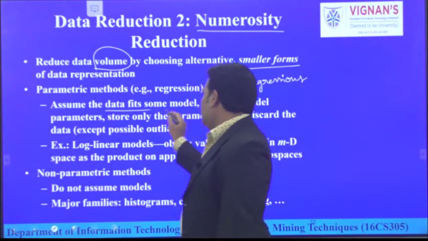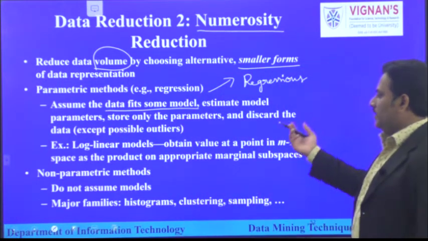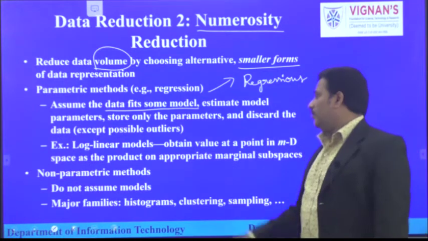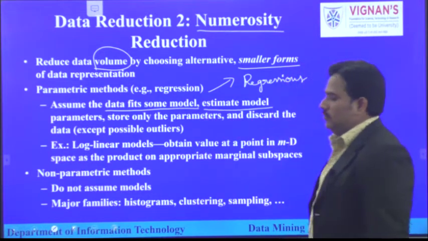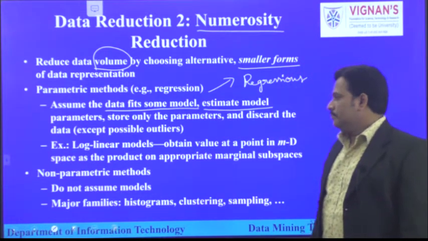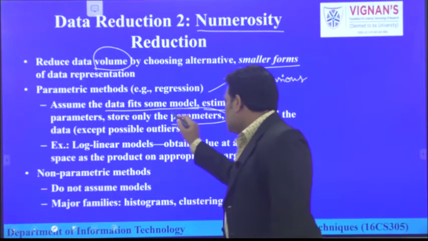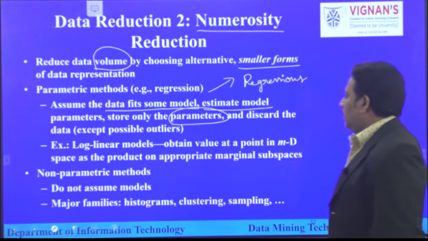Assume that the data fits some data model. That means let us assume we designed one data model, and how can we apply the data on that data model? So here we have to estimate the model by taking the parameters, and we have to store those best parameters in the training level to be used throughout the session.